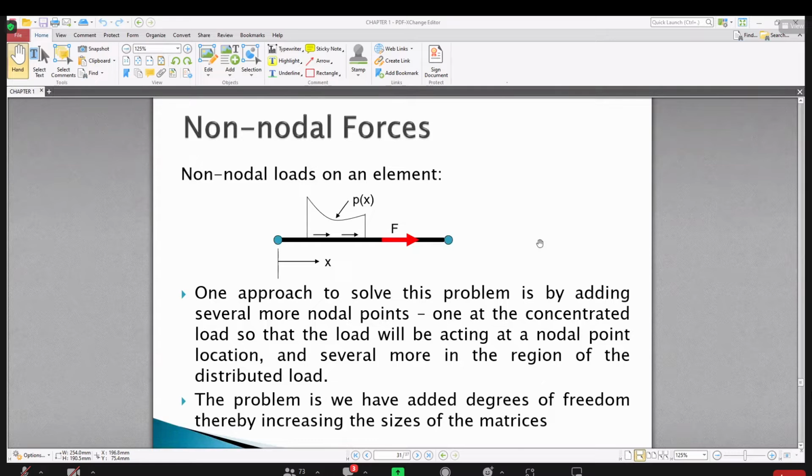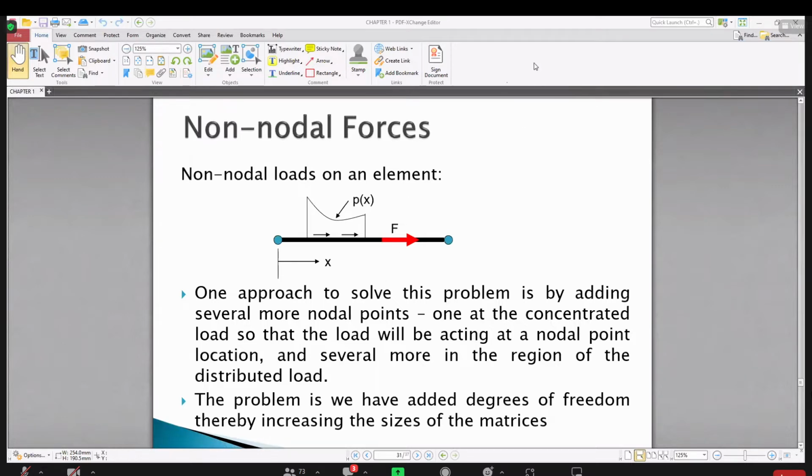Now let's go to non-nodal forces. So far what we have plus aning forces. How about if ang atong force karon wala sa node gi apply? Okay, so gitawag na siya non-nodal forces.